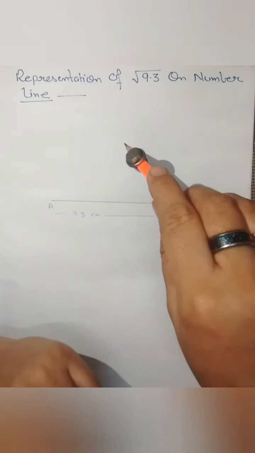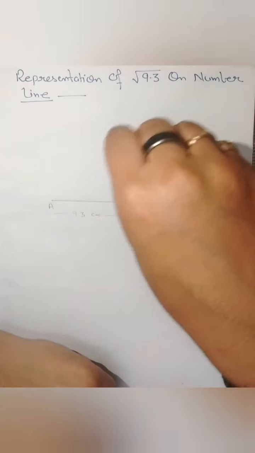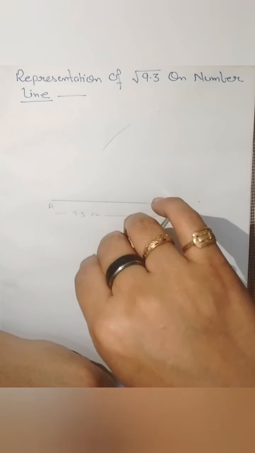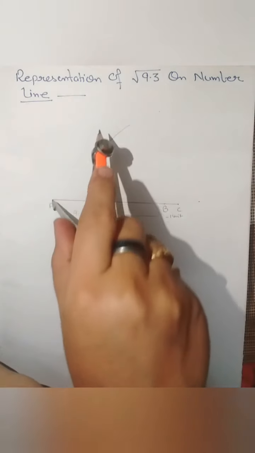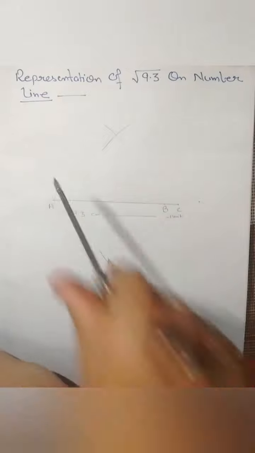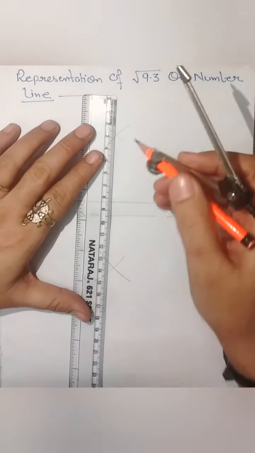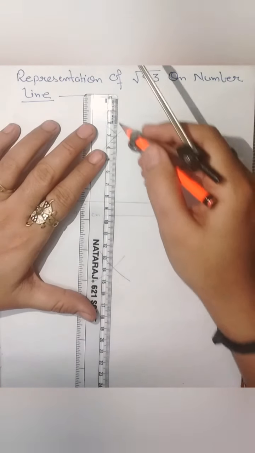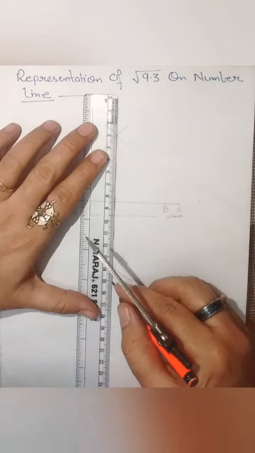For this, we'll take an arc of length more than half of AC. We'll mark arcs to get the perpendicular bisector of AC. This is the perpendicular bisector of AC.